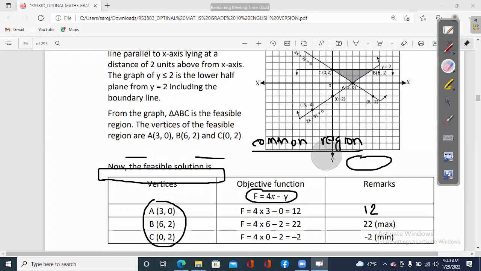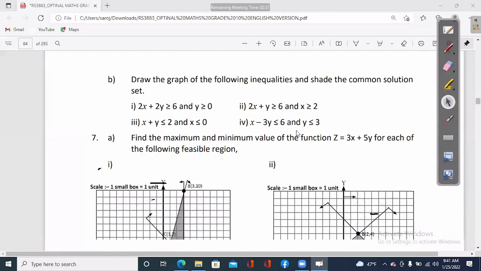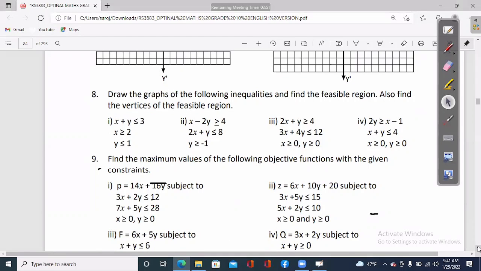So all of you, please, let's do one thing. You also do one homework. You will do question number 8. You don't need to find the maximum or minimum value.